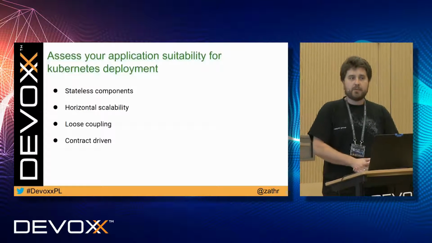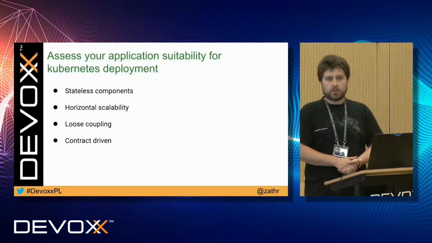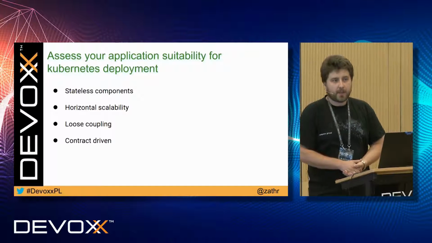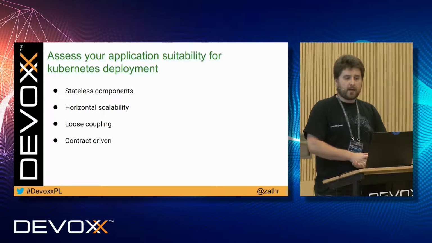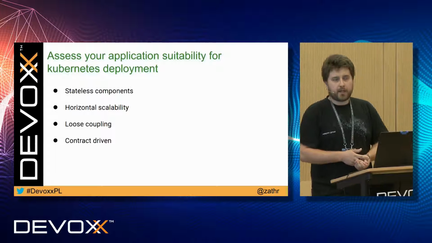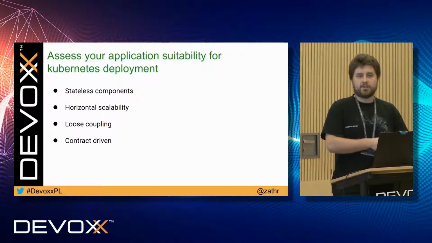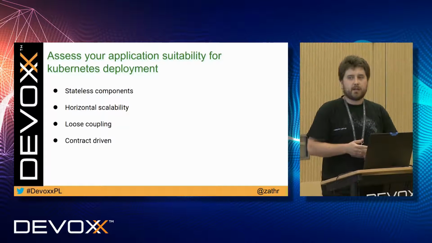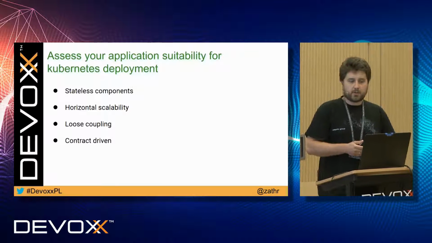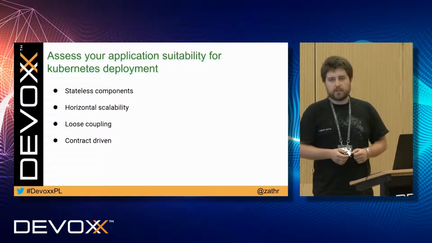First of all, you need to identify the workloads that you would like to put in your Kubernetes cluster. Your perfect candidates are stateless, horizontally scalable, loosely coupled, and by that I mean HTTP or some kind of message broker in between with clearly defined protocols, and contract-driven.